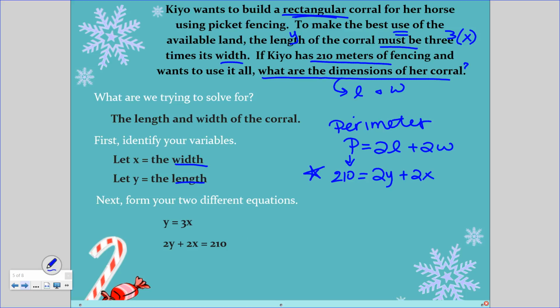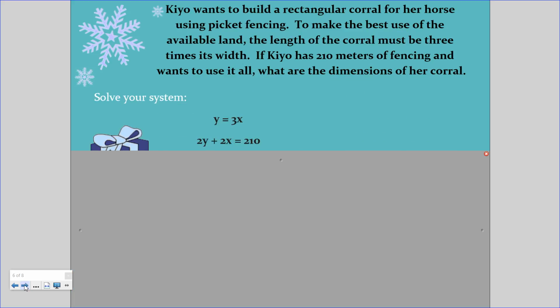So the perimeter one, you will have to come up with on your own using some reasoning given in the word problem. So if it's telling you the shape of whatever, in this case the fence, you have to use the perimeter formula for that shape. Okay, from here, you're going to solve your system, and hopefully you recognize that y is already isolated, meaning this system would be most easily solved using substitution.